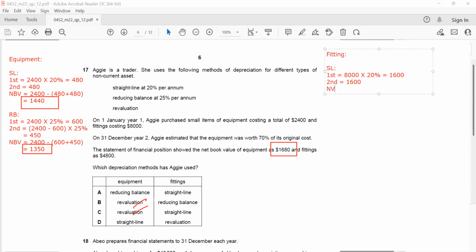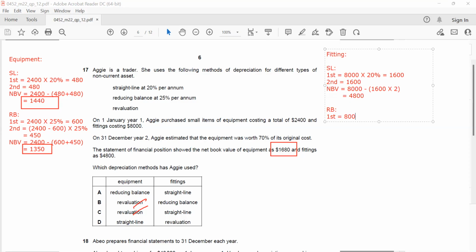Then the net book value is 8,000 minus 1,006 times 2. So we get 8,000 minus 3,002, so 4,800.